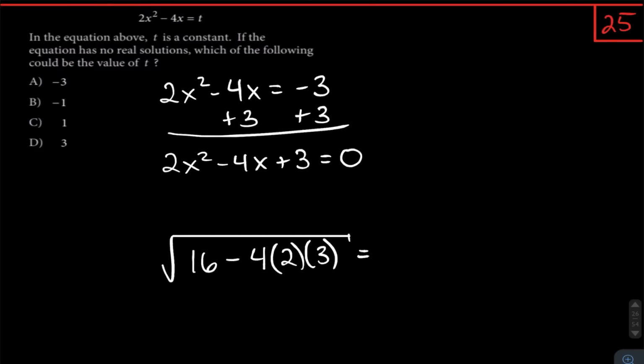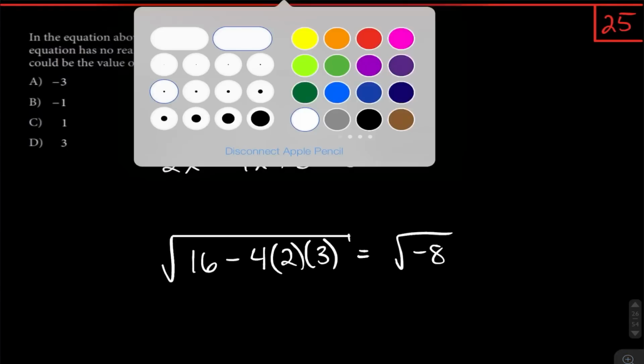And that's going to equal, we have a 16, and we have 8 times 3 is 24. So this is equal to the square root of -8. So we get a negative under the square root, right? And that means that this equation has no real solutions if we have t equal to -3. So that's our answer right there.